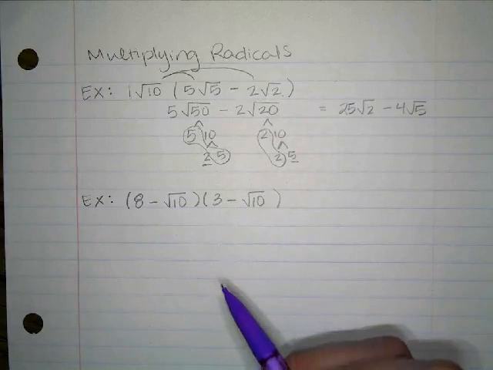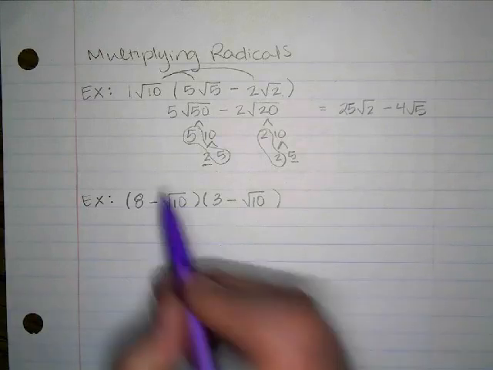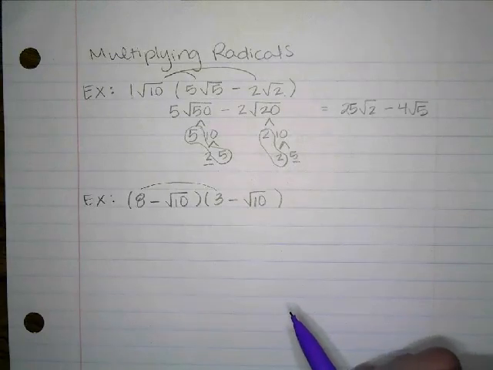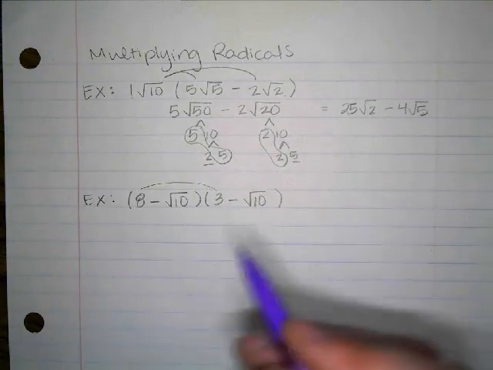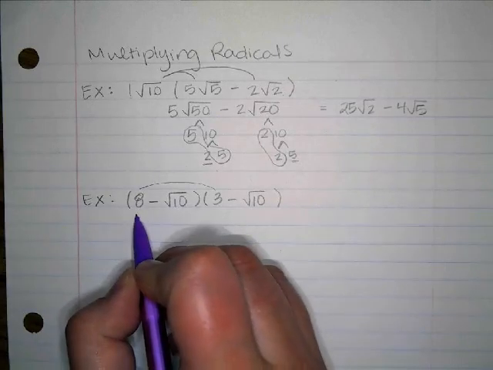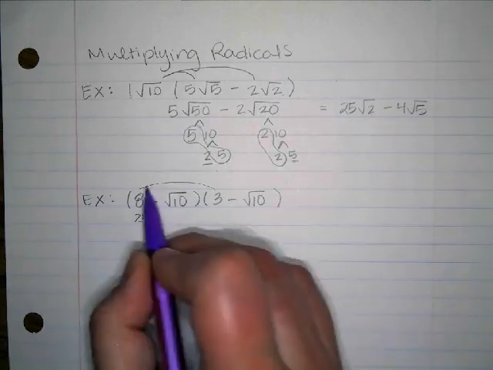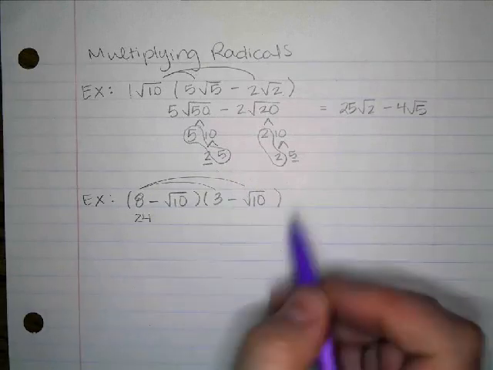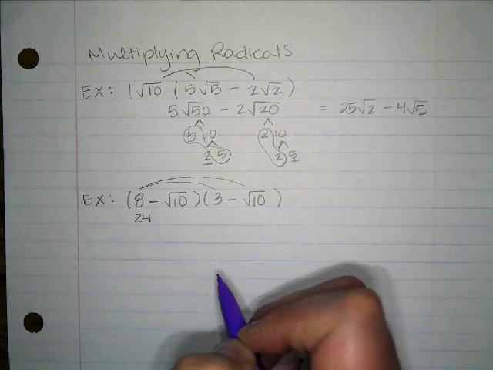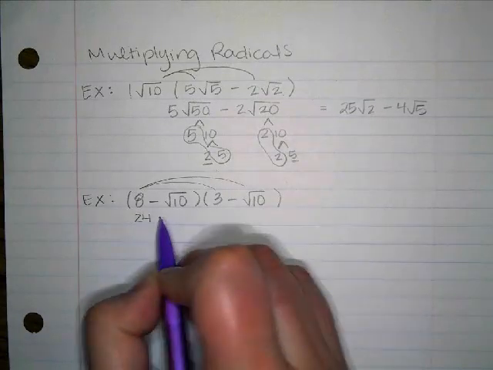Don't you do like 8 times 3, like 8 times the radical? So FOIL? Yeah, that. So 8 times 3 is, and then 8 times negative root 10. Negative 8 root 10.